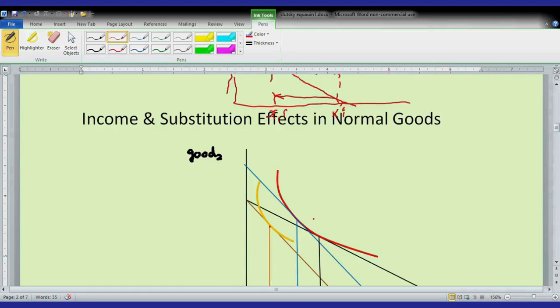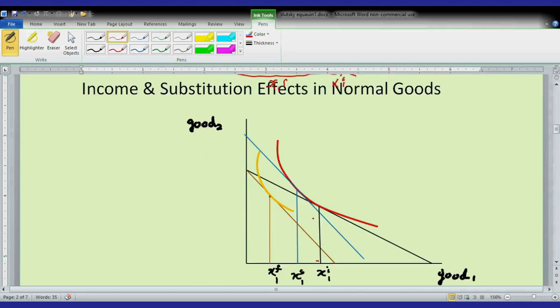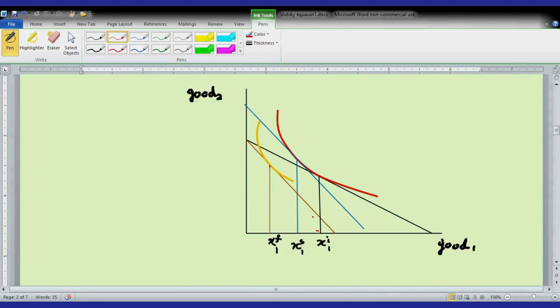Now compare this situation with this second one, where again I have plotted the initial budget constraint a little bit flatter, having a tangency with one of the indifference curves at point E1, where the individual consumes good 1 and good 2, and the consumption of good 1 is equal to x1i.